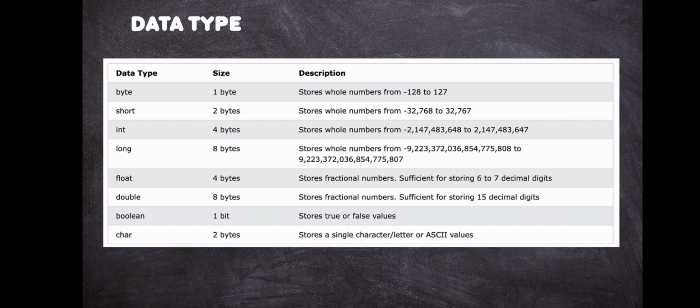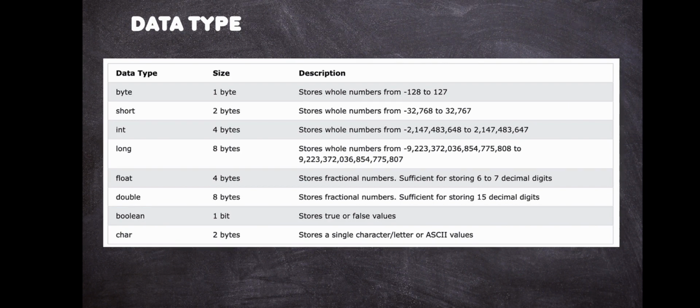It stores whole numbers from minus 2,147,483,648 to 2,147,483,647. The next one is long. The long takes size up to 8 bytes and it can store whole numbers from minus 9,223,372,036,854,775,808 to 9,223,372,036,854,775,807.